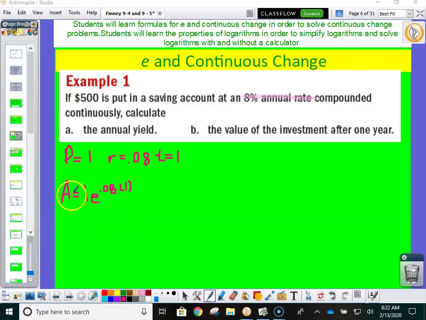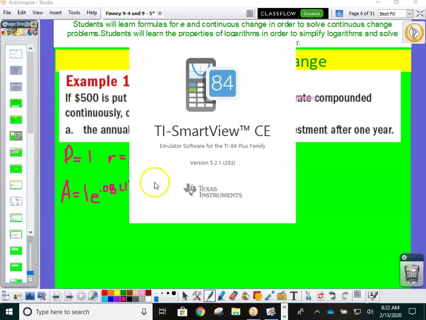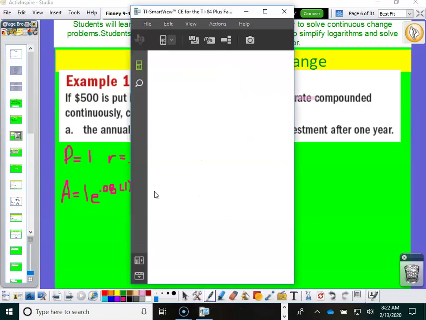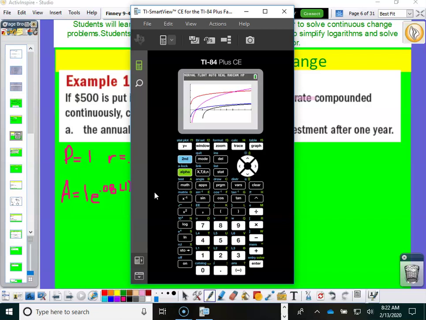So what I'm going to do is take that interest rate, which was 0.08, and take it times 1, and that's going to be my exponent. But to show you how to type this in your calculator, you got to find the E key. There's a couple of places you can find E. So looking at my calculator, I see over here by the 4 I have an LN key, and above it in blue is E to the X. So that's what I could use to type E to a power.